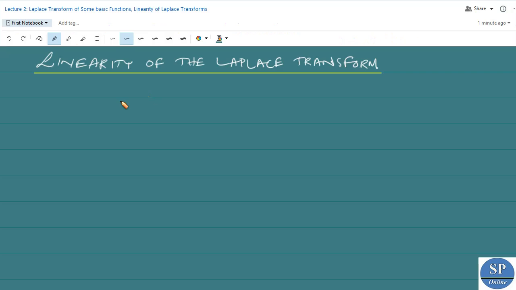Next, we have an important property of the Laplace transform, which is linearity of the Laplace transform. Suppose we have two functions f of t and g of t with the Laplace transforms L of f of t is equal to F of s and L of g of t is equal to G of s.